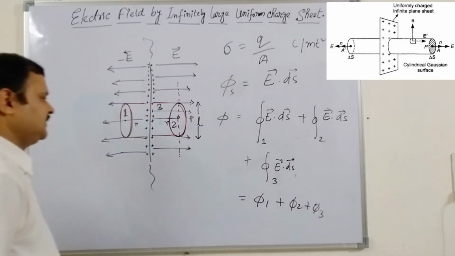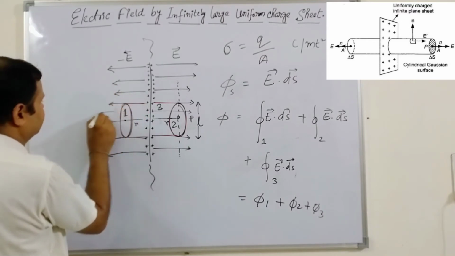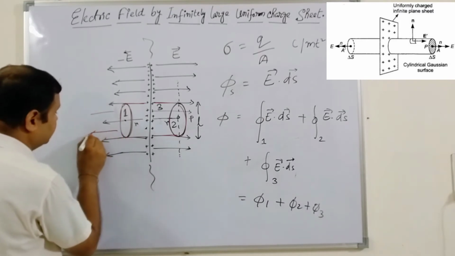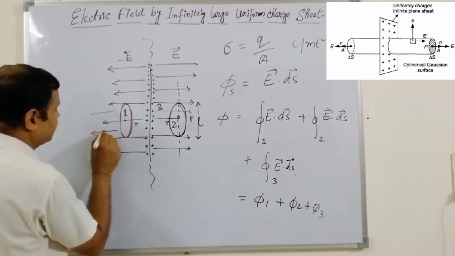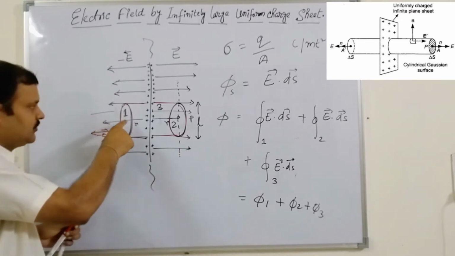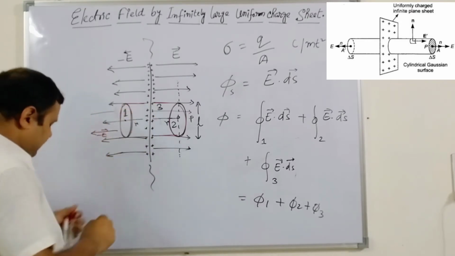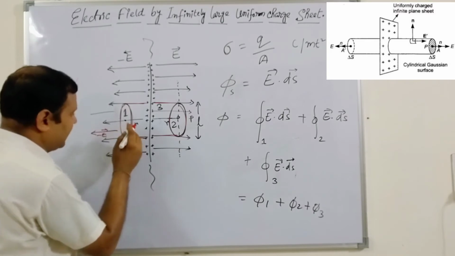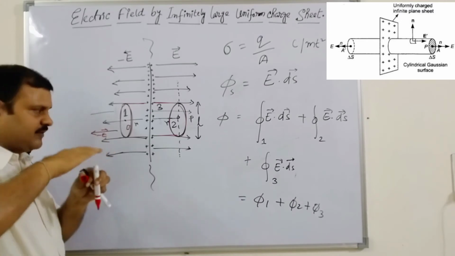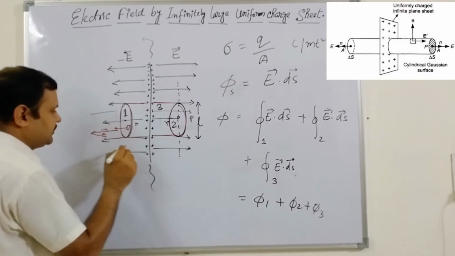Now for phi 1, for surface 1, the field is negatively on this side. And the area vector related to the dS, a very small element of this flat area of the cylinder, is perpendicular to this dS.